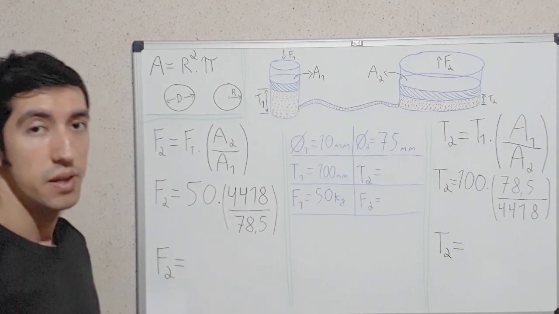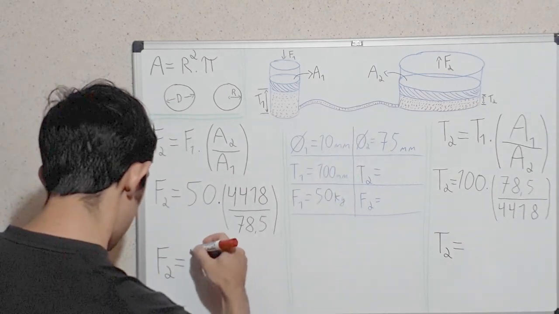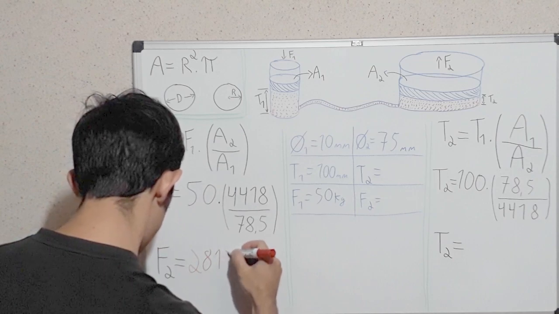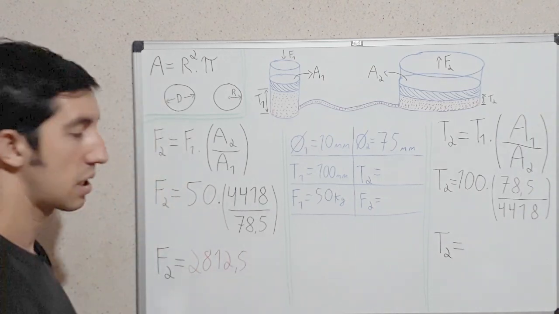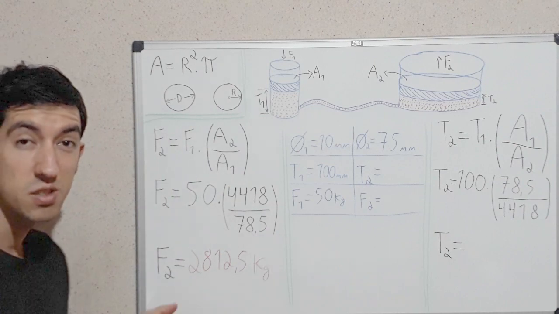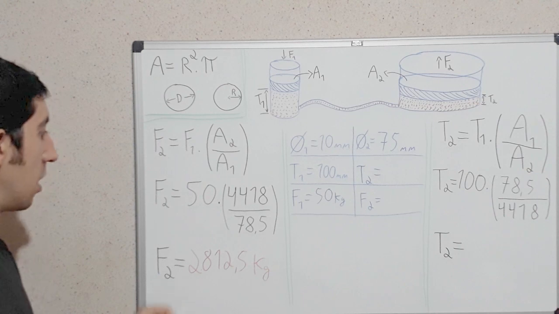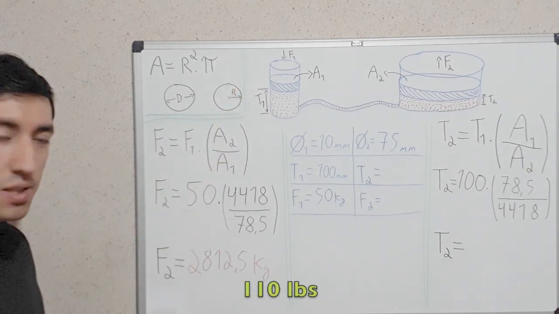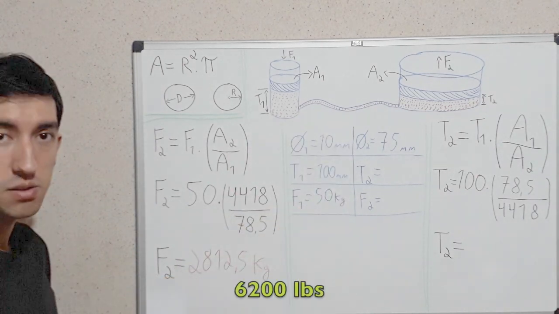Doing the math, we have the force 2 equals 2,081.5 kilograms. So force 2 will be 2.8 tons. We made 50 kilograms of force and the result will be 2.8 tons.